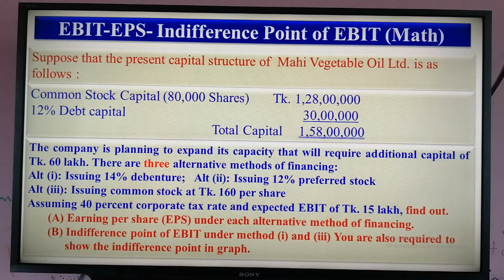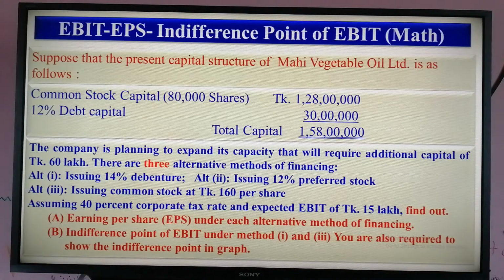In that position, you are collecting 60 lakh new capital by using 3 sources: debenture, preferred stock and common stock. Which one is the best? We don't know yet, but when we determine EPS, everyone can see which one is the best.